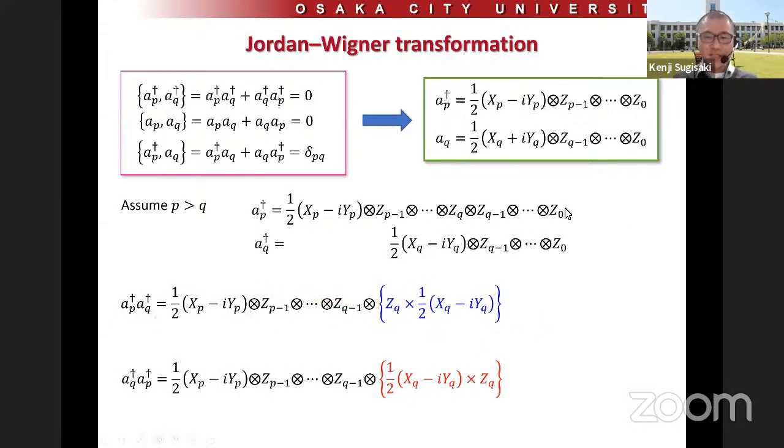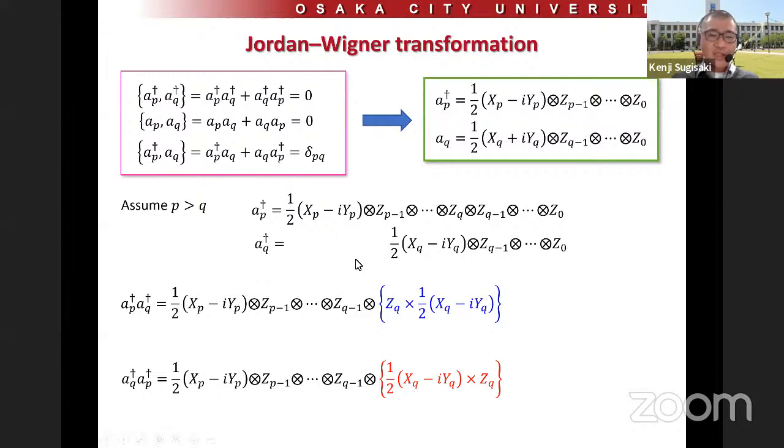The Pauli Z operators from 0 to q minus 1 will vanish because Pauli Z times Pauli Z becomes the identity operator. So Z0 times Z0 becomes the identity operator.